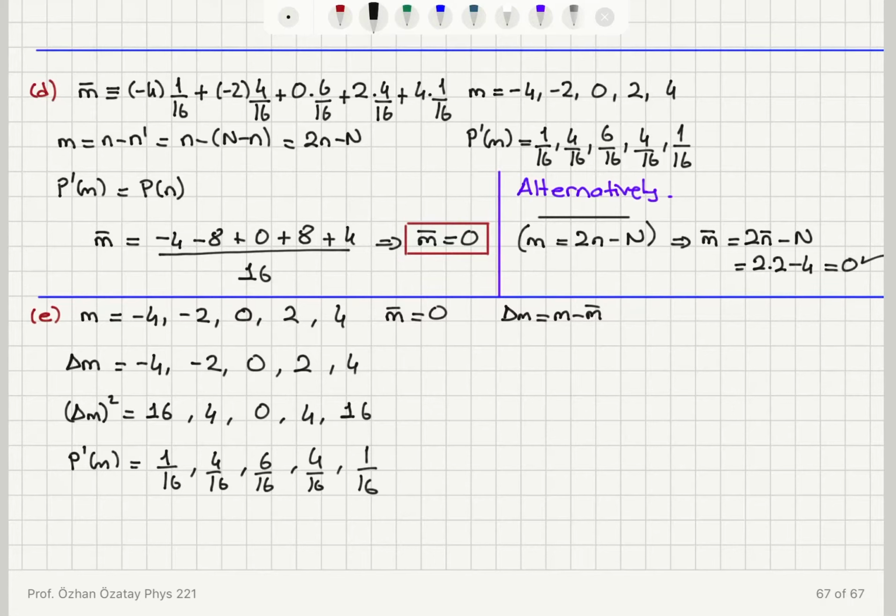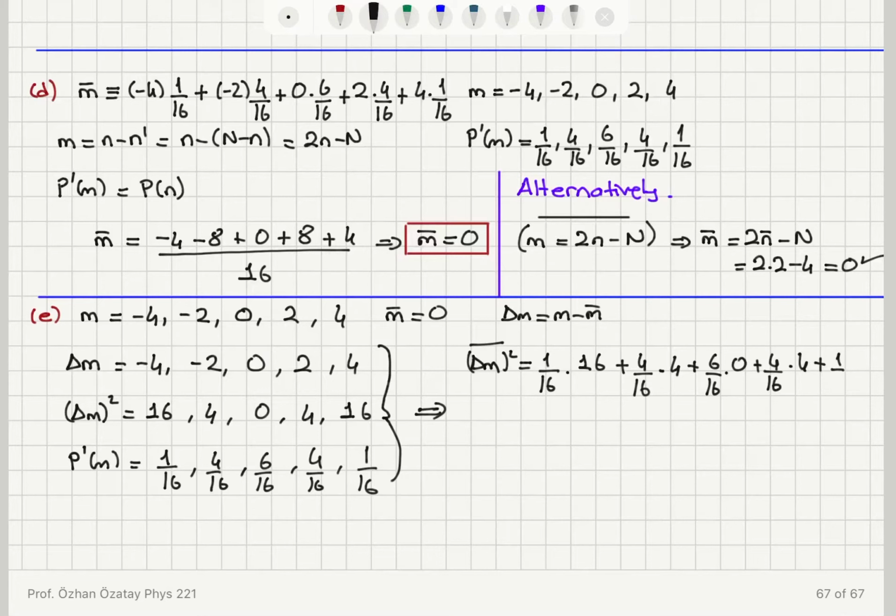Therefore, I will find the variance given this information. Delta m square bar must be equal to 1/16 times 16 plus 4/16 times 4 plus 6/16 times 0, plus 4/16 times 4 plus 1/16 times 16.